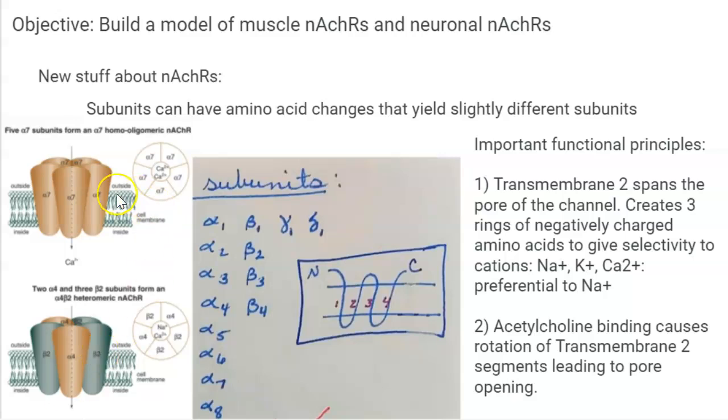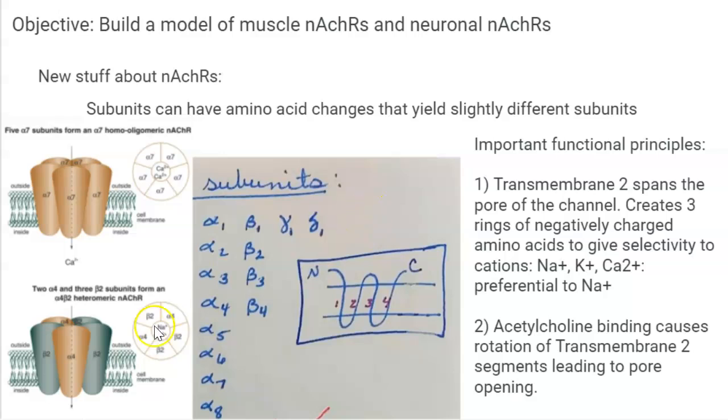And then one final thing, this is just looking at how having the different subunits changes selectivity. So a lot of the nicotinic acetylcholine receptors are going to be selective for sodium, but the homomer of A7 is going to be more selective to calcium.